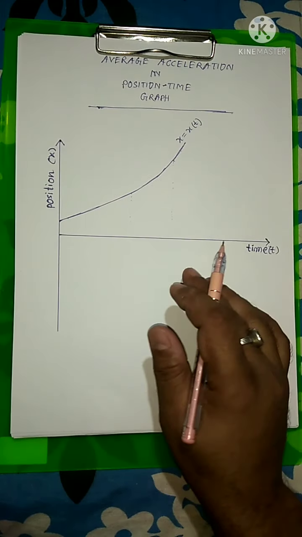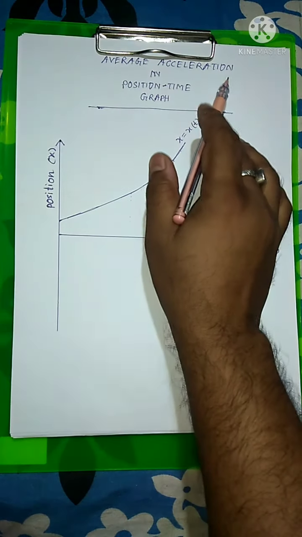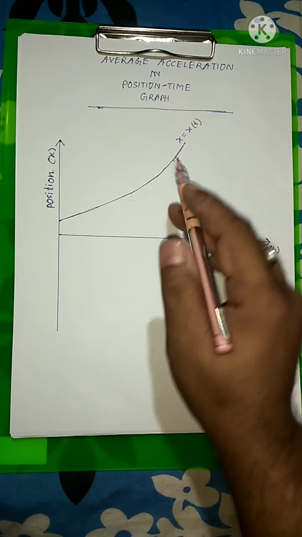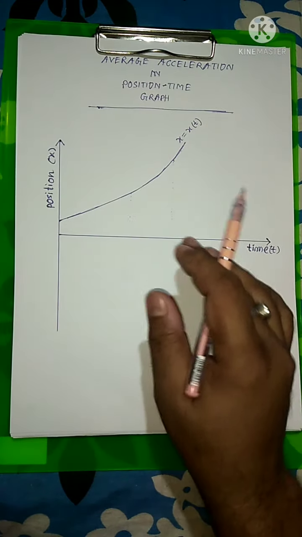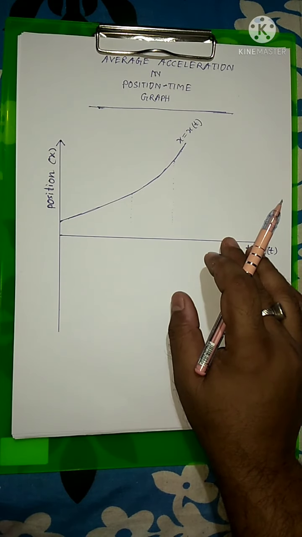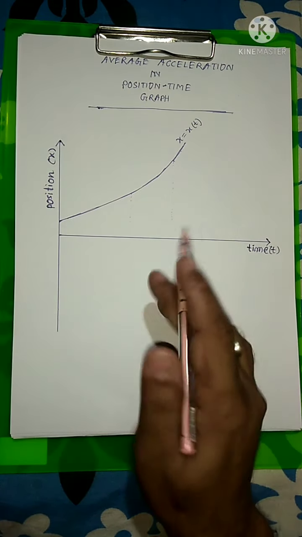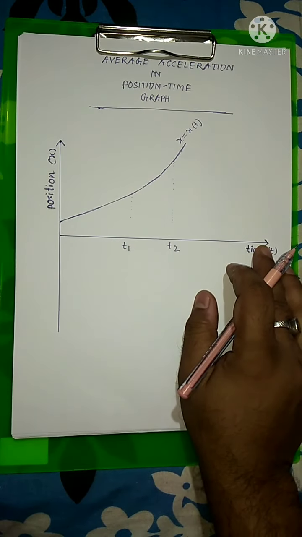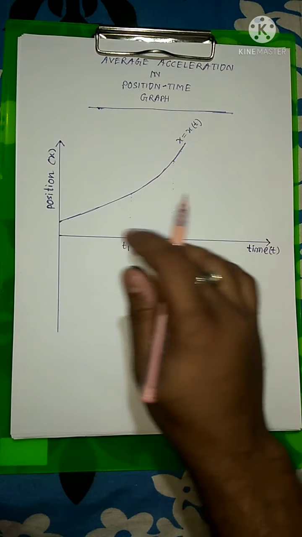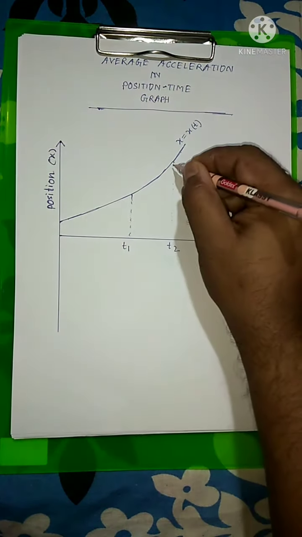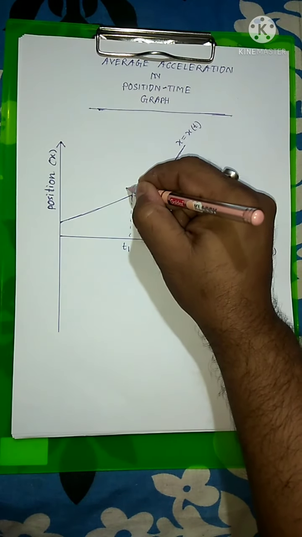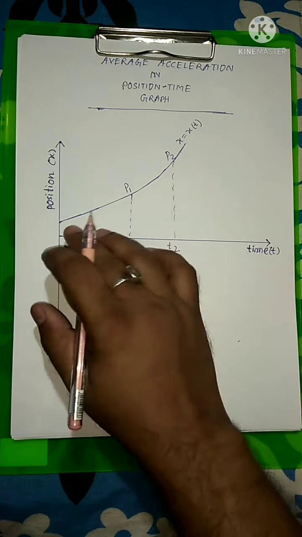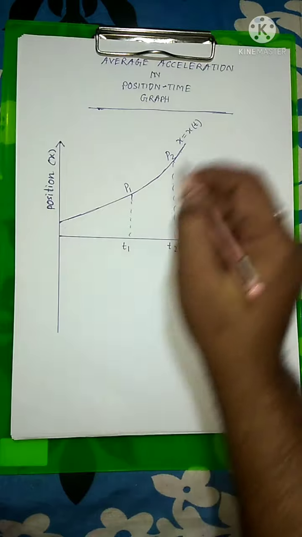Now let's learn how we can get the average acceleration in the position time graph. This is a curve we obtain in the position time graph according to the rectilinear motion of a particle. Now let's take two instants t1 and t2 on the time axis. The corresponding points on the curve are P1 and P2.